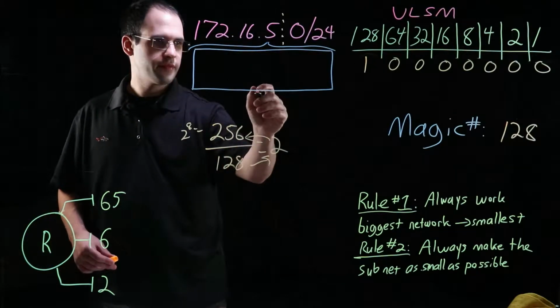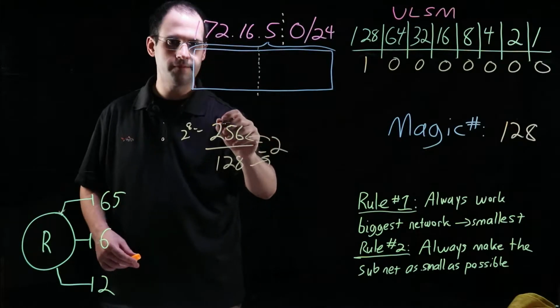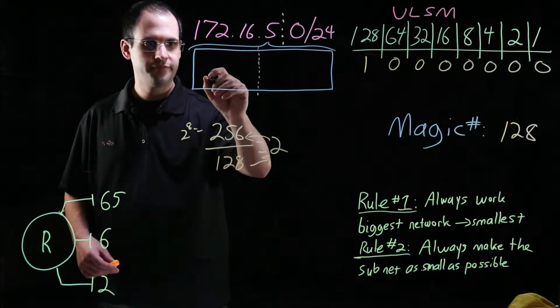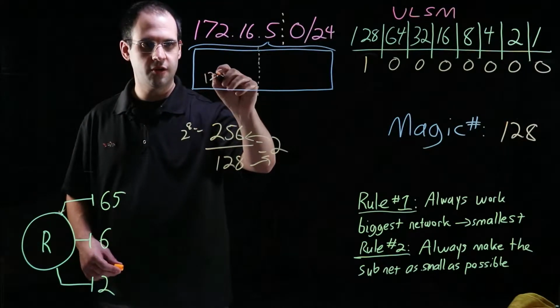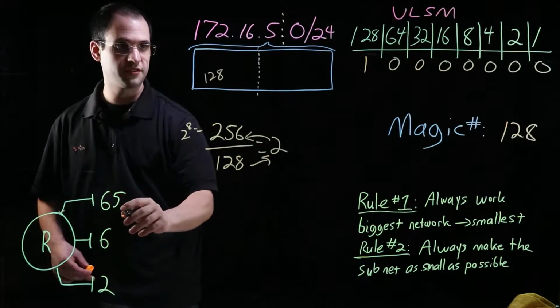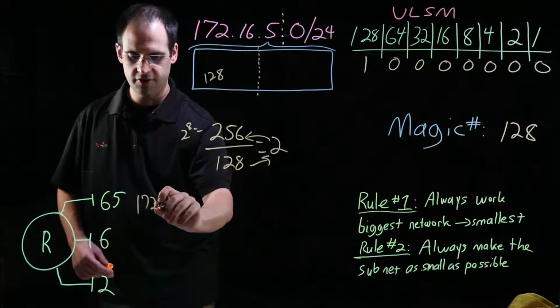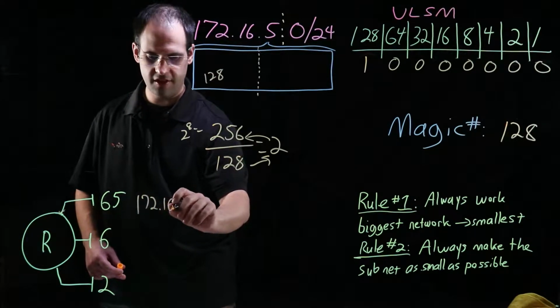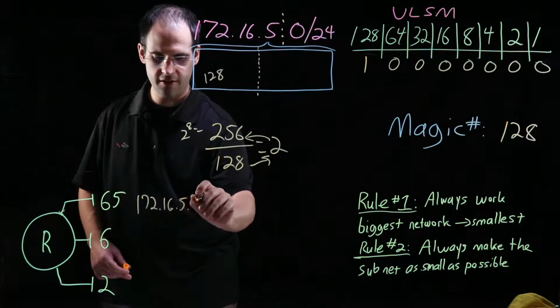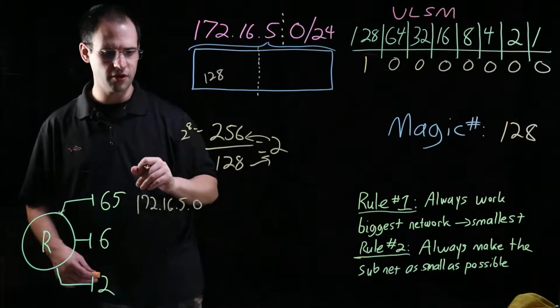So let's do my best to split this down the middle, all right? So my first network here is this 128 in here, okay? And we can see that my 65, I'm going to take my network and bring it down here. So I've got 172.16.5.0. We started at 0, so that's my first starting network.